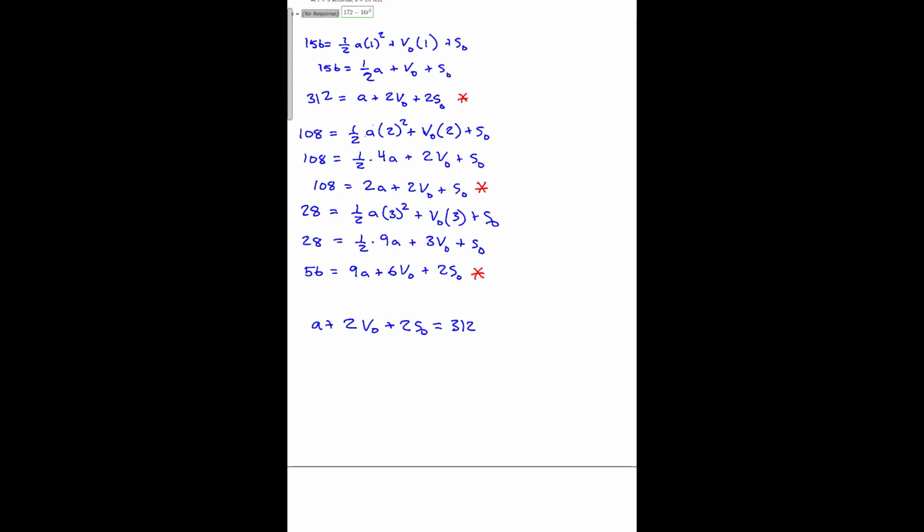The second equation, 2a plus 2v naught plus s naught equals 108. And the third equation, 9a plus 6v naught plus 2s naught equals 56. So this is the system of three equations that we will be dealing with.